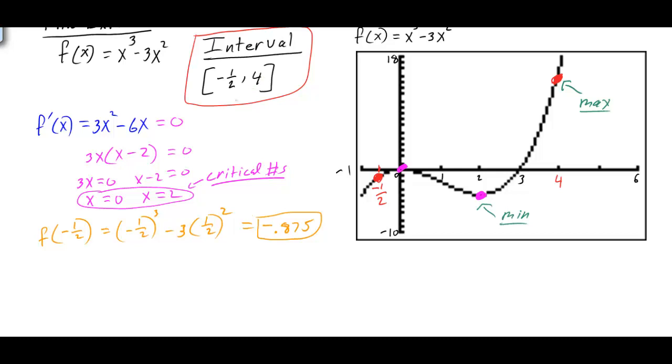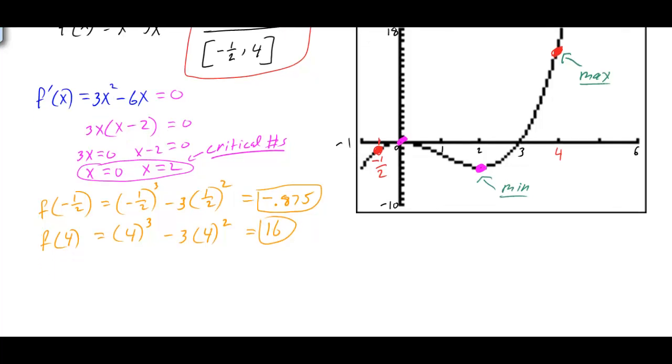Then we want to evaluate the other endpoint, which is f of 4. So you're going to plug 4 in: 4 cubed minus 3 times 4 squared, and that's going to be equal to 16.